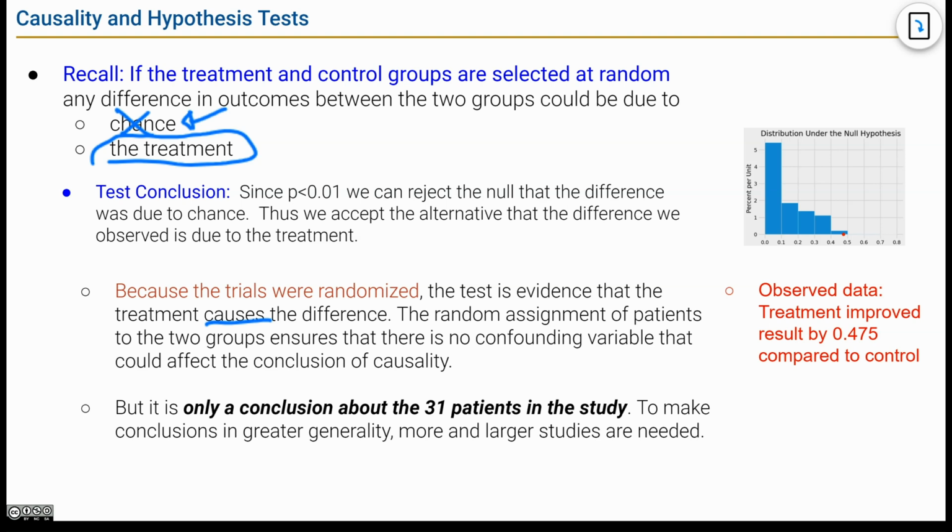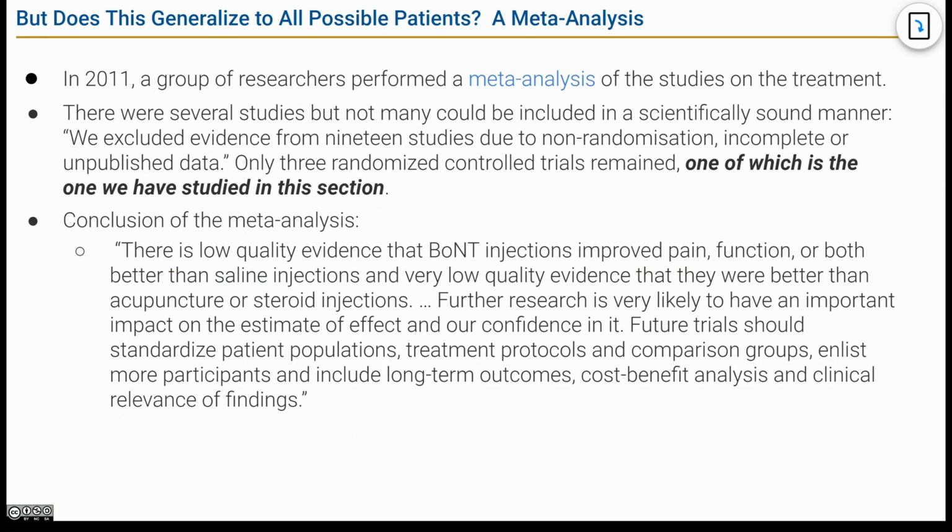Now, the downside to this is that this is only a conclusion about the 31 patients in the study. So in order to make conclusions in general with this type of data and this type of question, you have to do more and larger randomized control trials. There actually was a meta-analysis conducted on this particular treatment, and the researchers found, unfortunately, there's only 3 randomized control trials done so far that fit scientifically sound practices.